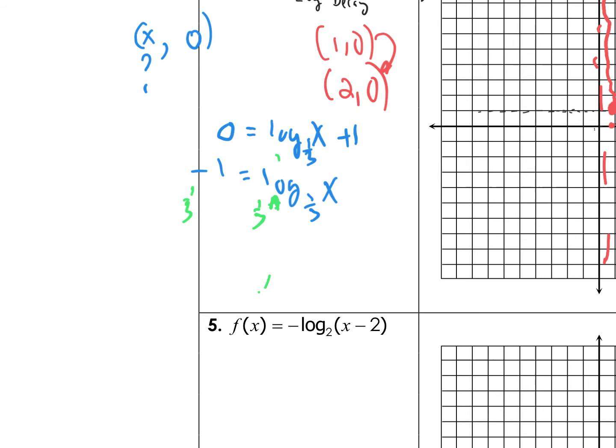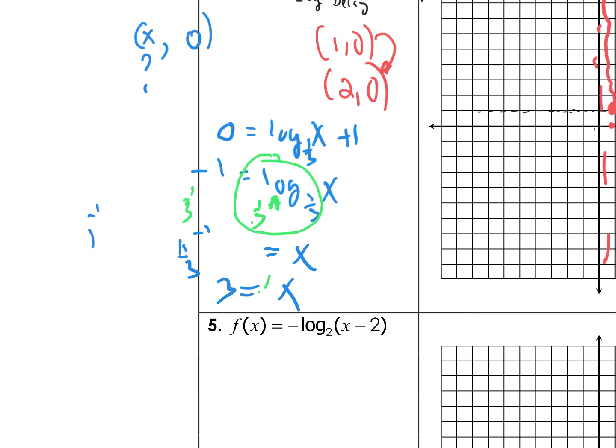So this 1/3 to the log of 1/3 basically cancels out, leaving x equals 1/3 to the -1, which means if you think about it, the 1 gets a -1, the 3 gets a -1. It causes them both to flip positions. So x is equal to 3.